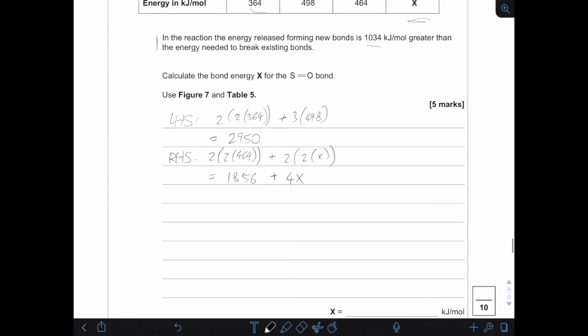So we have 2950 equals the right hand side, and we need an extra, oh wait, hang on, the extra 1034 actually is on the left hand side, because, how do I explain this?